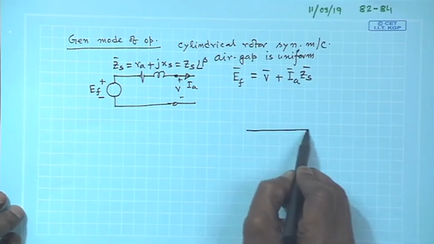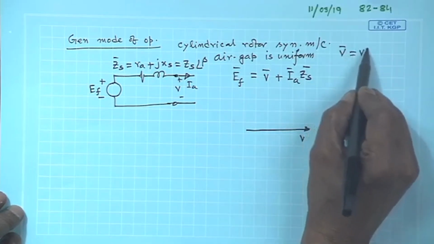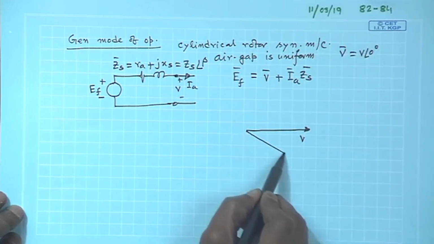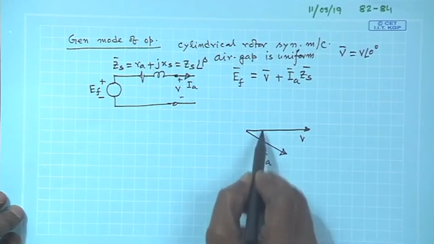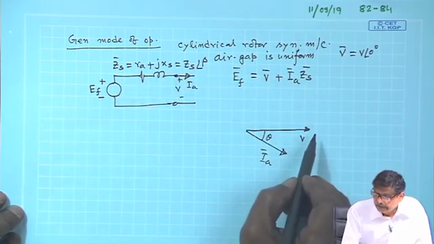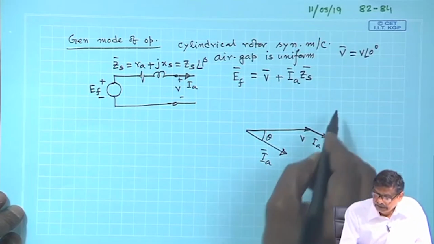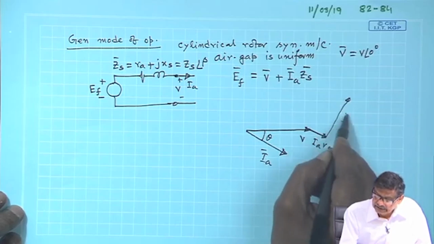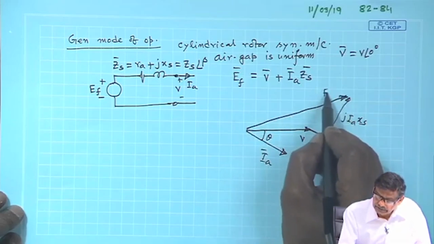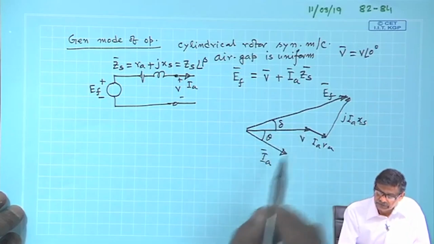Very quickly I will tell, this is the terminal voltage, this is generally taken on reference V angle 0 degree, and then suppose it is supplying a lagging power factor load I A. So, this is the power factor angle of the generator at which it is operating to the external world, and this plus I A R A plus j I A X S gives you your E f, and in case of generator mode of operation, E f will be always above V, and this gives you delta.